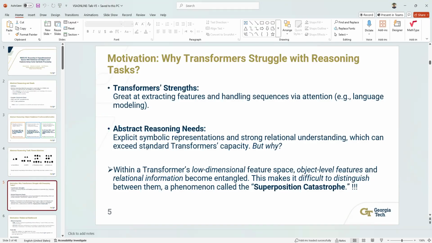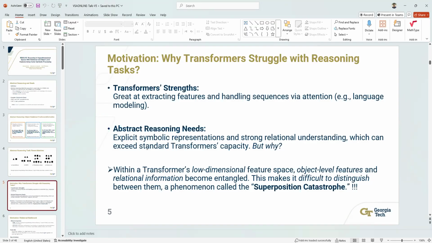The problem with this is that there's a lot of mixing that happens between object level features and relational information, which makes the kind of reasoning tasks that we want to do difficult.